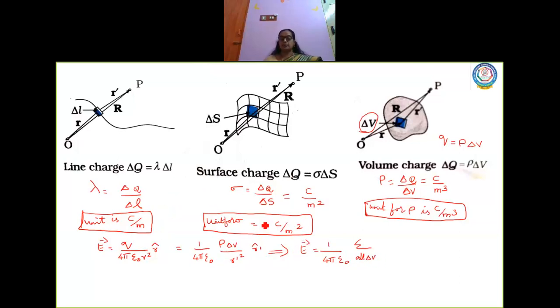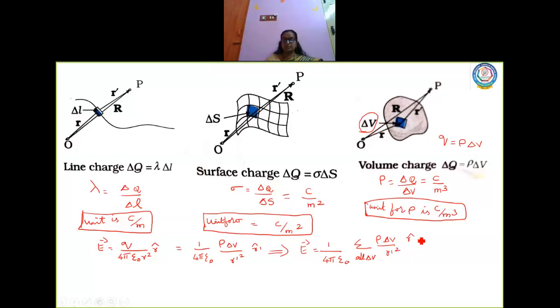You will divide the entire volume into small elements, so I write here the summation of all volume elements, of del rho V by R dash square into R dash unit vector.